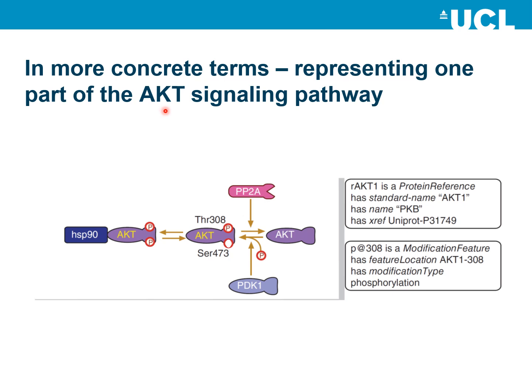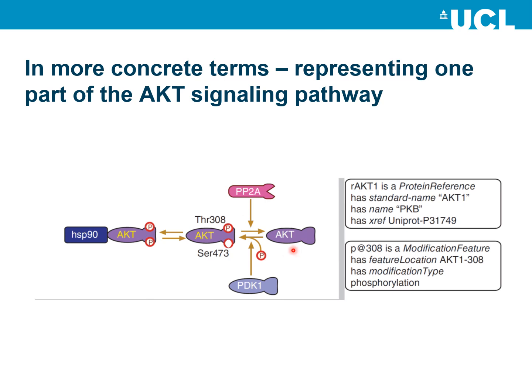AKT is an oncogene which becomes unregulated and causes cancer, or some types of cancer. It's responsible for cellular growth ultimately. So it's a biological process which is important.